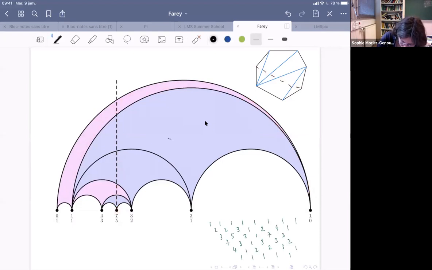This one is 0, and this one is 7/5. I don't know if this answers the question.